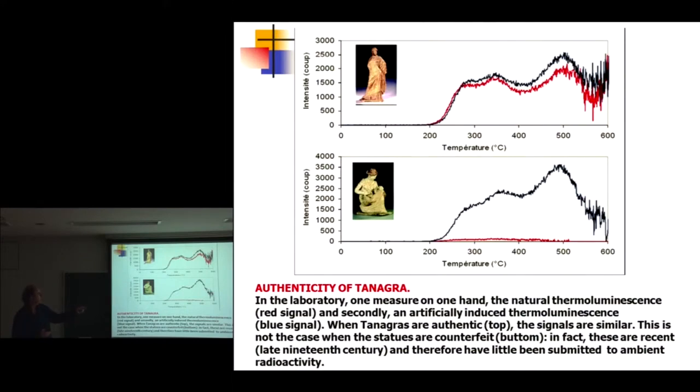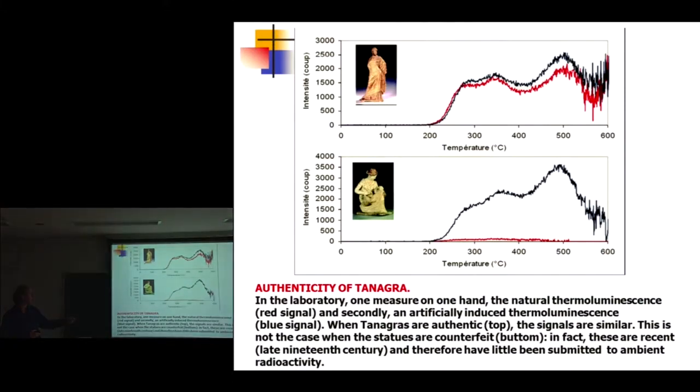So this is the profile of the thermoluminescence of the Tanagra. The red signal, this is a natural thermoluminescence, and the thermoluminescence coming from the original Tanagra. This is a false Tanagra. So this is the signal of a counterfeit, this one.